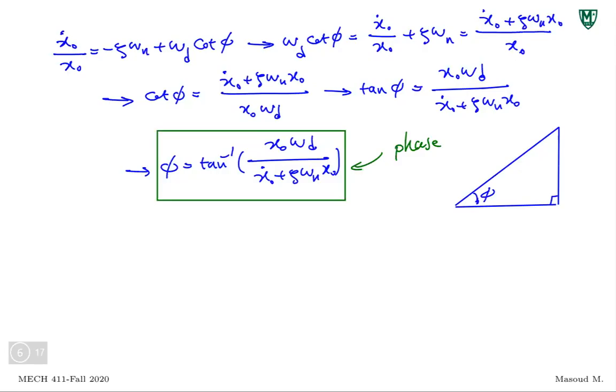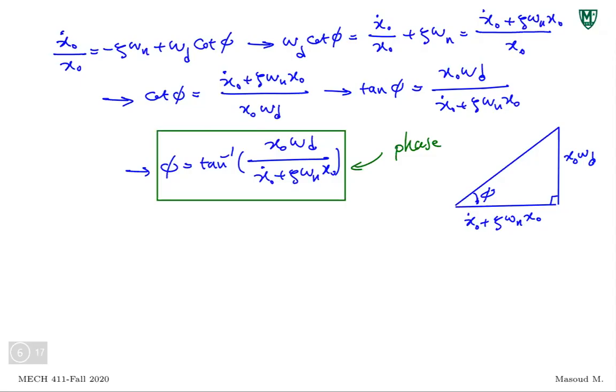Now, if this is phi, tangent of phi is x naught omega d over x naught dot plus zeta omega n x naught, which means I can think of this side being x naught omega d and this side being x naught dot plus zeta omega n x naught. Because if this is phi, then phi would be tan inverse of opposite over adjacent: x naught omega d over x naught dot plus zeta omega n x naught.